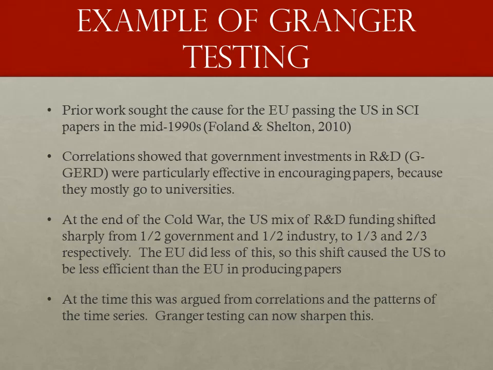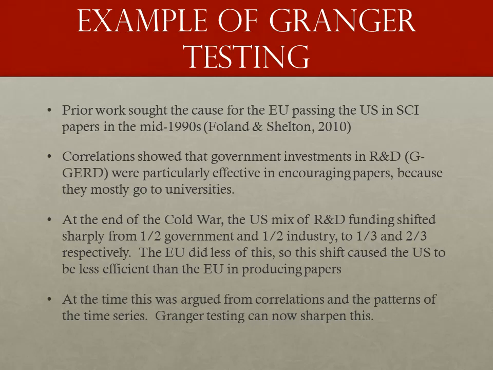We've shown that the European Union passed the United States in papers in the mid 1990s, and we looked for the cause of that, and we used correlation in that paper, and we showed that government investments in R&D were particularly effective in encouraging papers because they mostly go to universities.